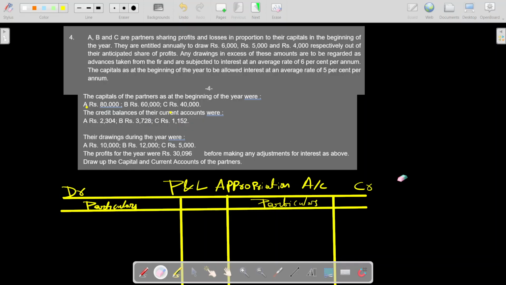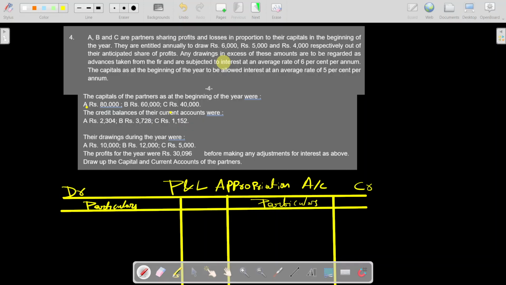Now we are going to discuss the fourth problem. A, B, C are partners sharing profits and losses in proportion to their capitals in the beginning of the year. So their profit sharing ratio will be their capital ratios. They are entitled annually to draw 6,000, 5,000, 4,000 respectively out of their anticipated share of profits.